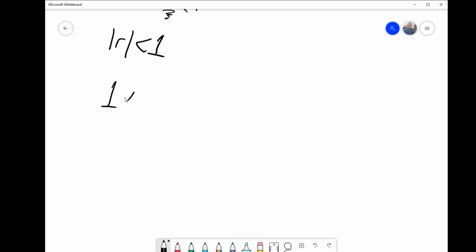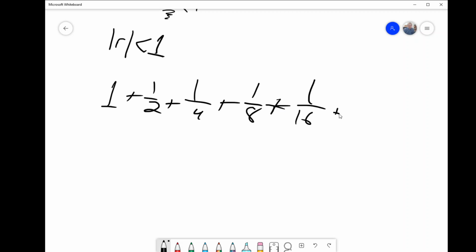For example, 1 plus 1/2 plus 1/4, 1/8, 1/16, and so on, that adds up to 2. You have to include the infinitely many terms to get there, but it has a finite sum of 2.